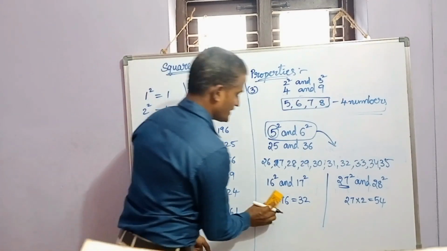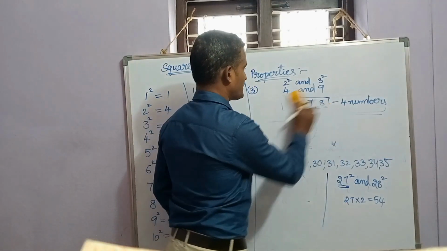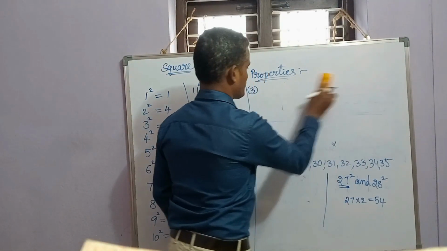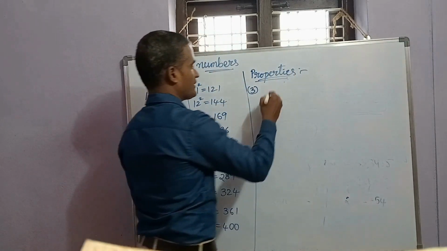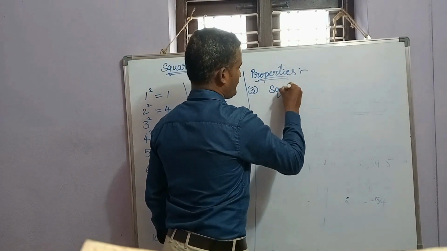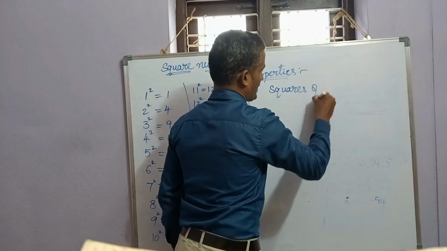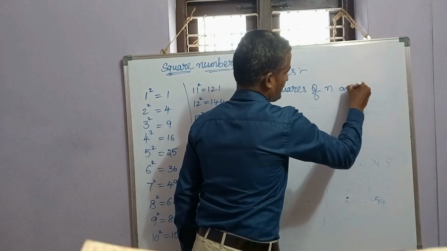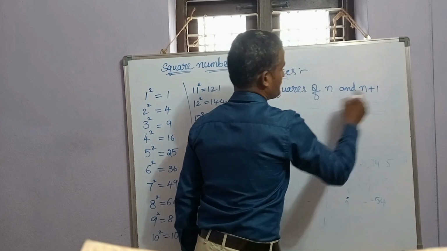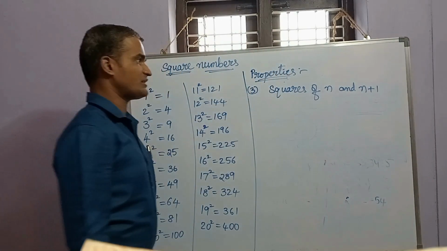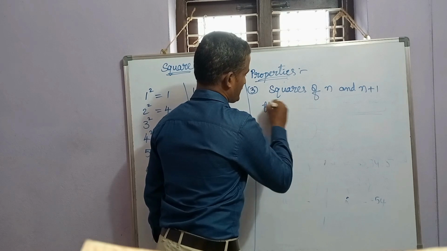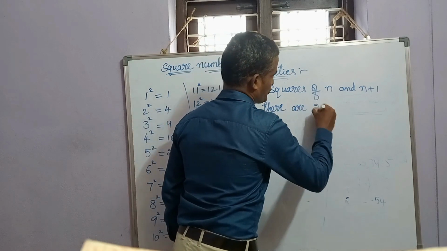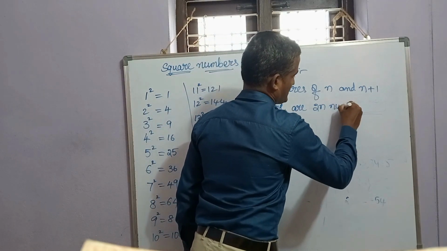So we are writing this as a general form: in between the squares of n and n plus 1, there are 2n numbers.